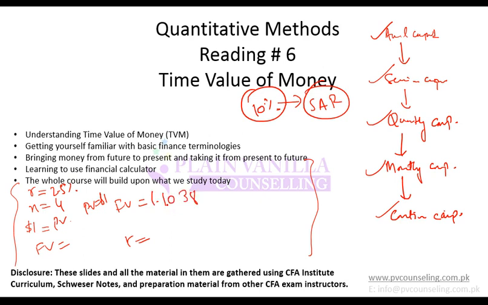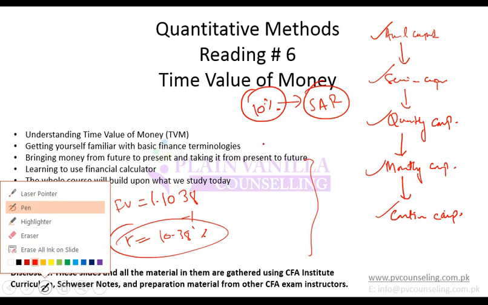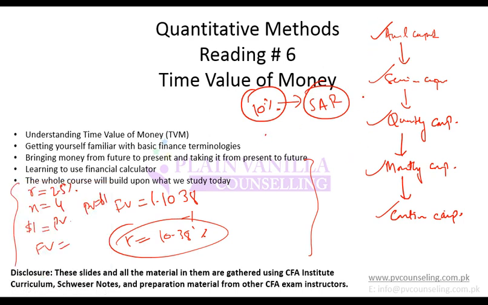So you compute FV, minus 1 will give you the rate, 10.38%. So these are all the methods by which you can convert SAR into EAR. As long as you know the concept, you should be able to do it in any particular method. But the key is you should be able to convert SAR into any of these compounding rates.